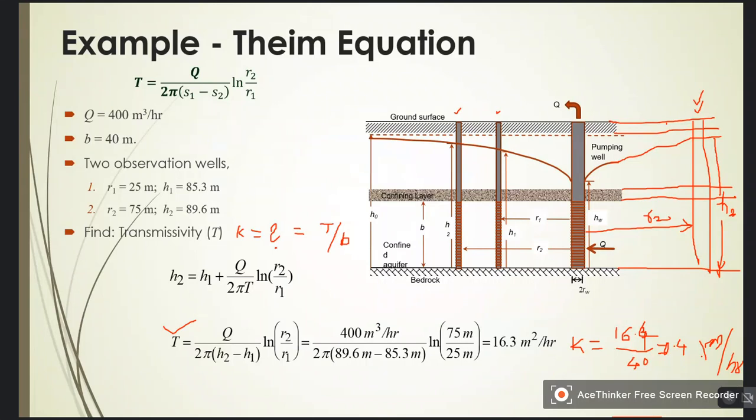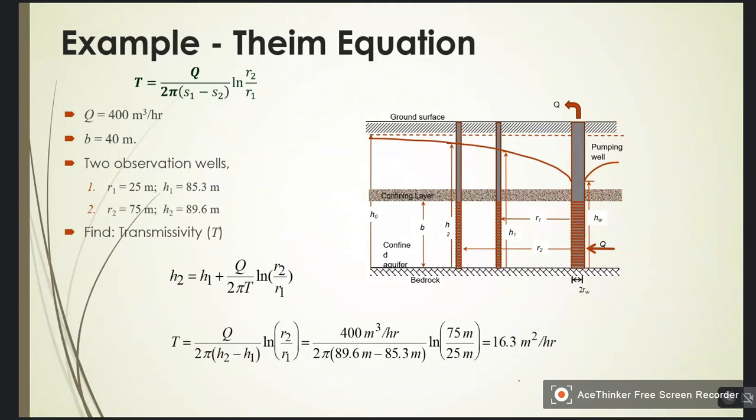Now I am going to ask you another question. Now I give you the radius of the well given. RW is equal to, say, 20 centimeters.